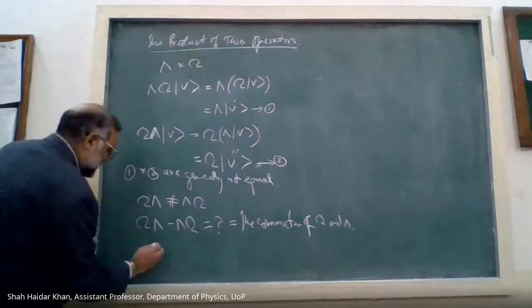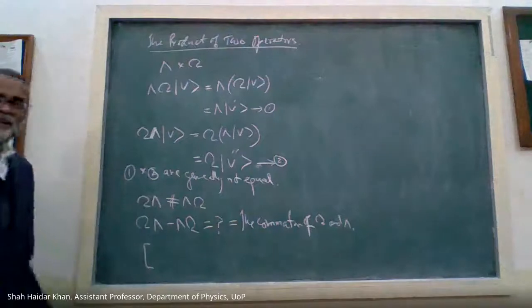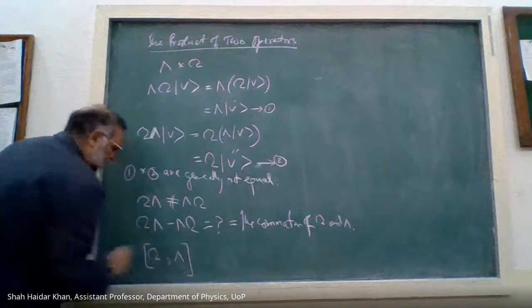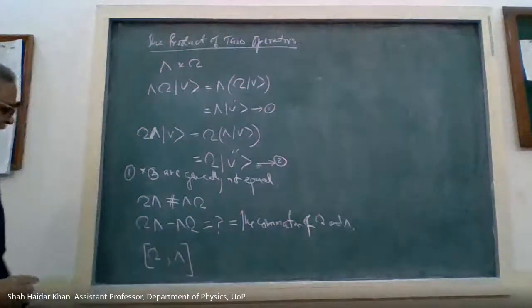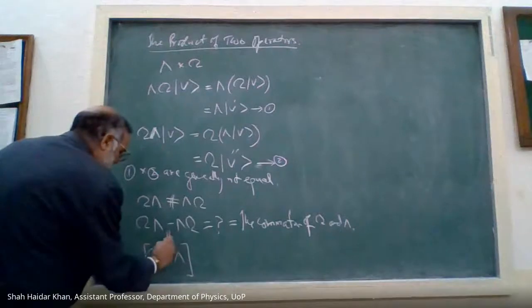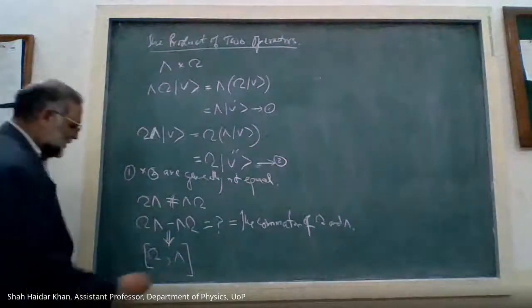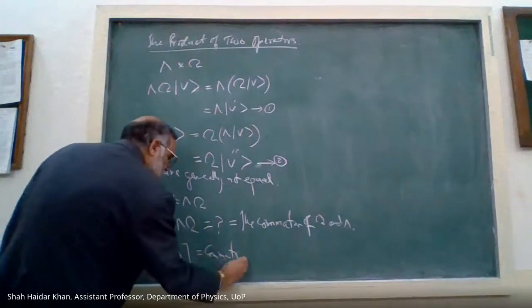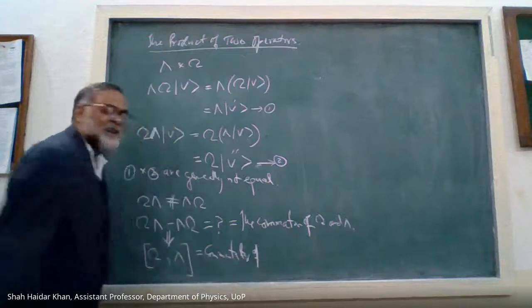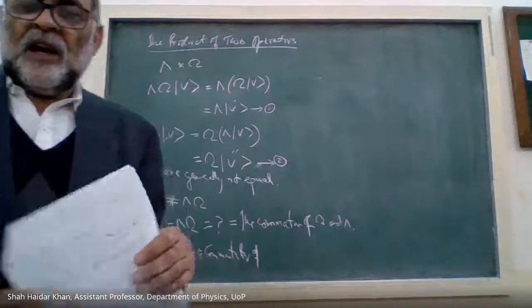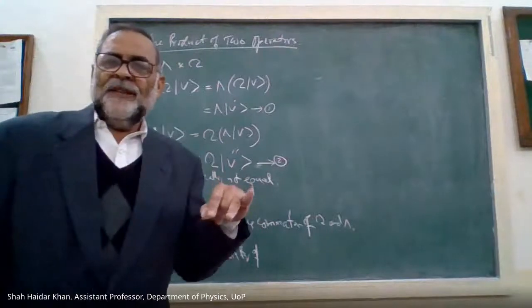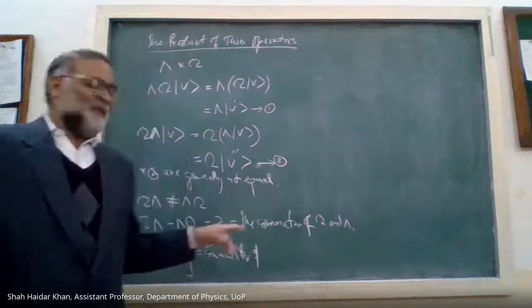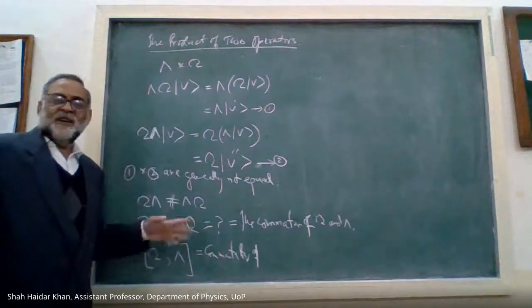It is represented by putting these two in brackets: omega, comma, lambda. This is the commutator, and it shows us the difference between the two operators when they are applied in reverse order.